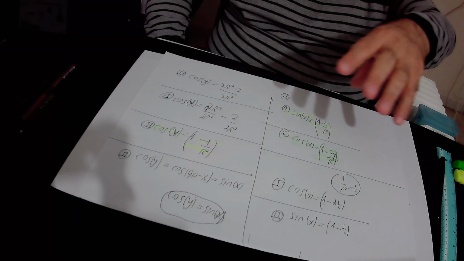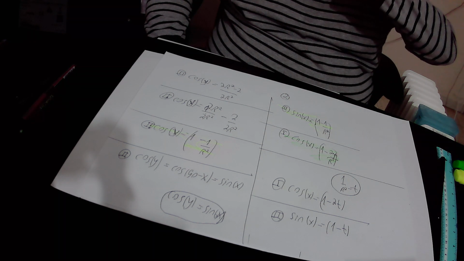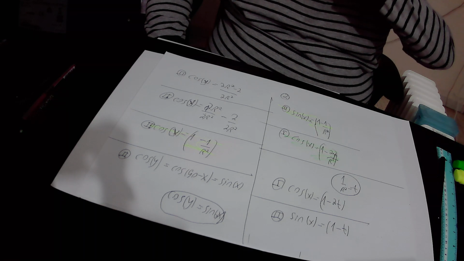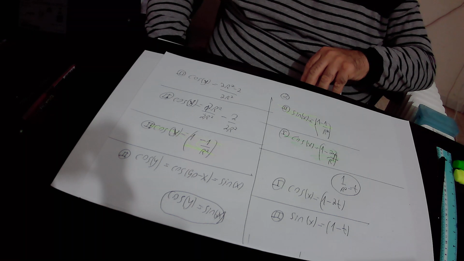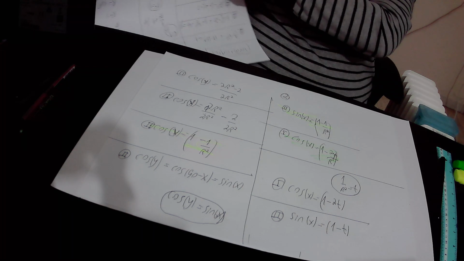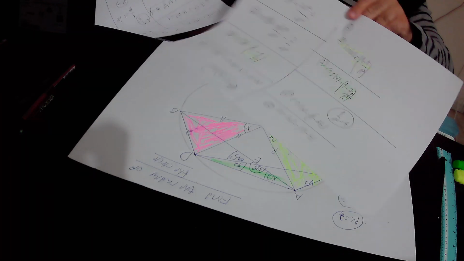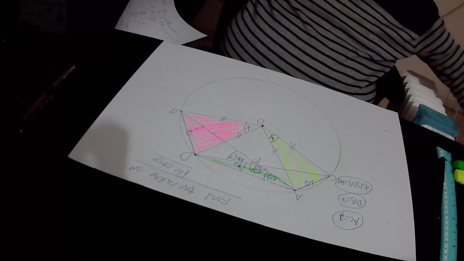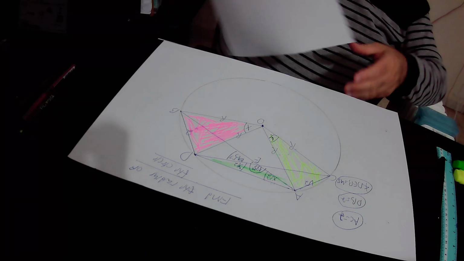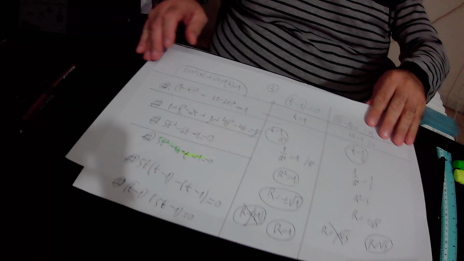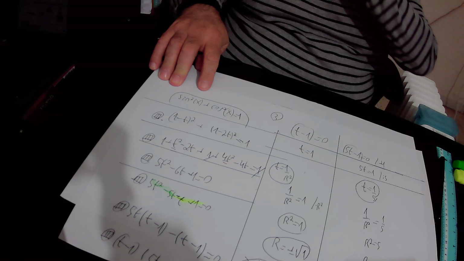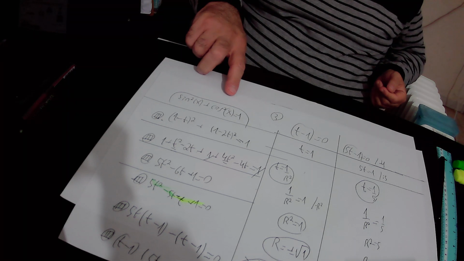So we have two expressions for sine x and cosine x. The next step, we implemented the trigonometric identity that states that sine squared x plus cosine squared x equals 1.